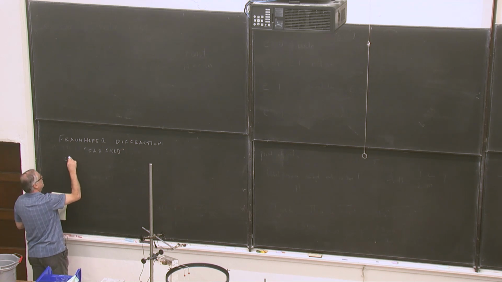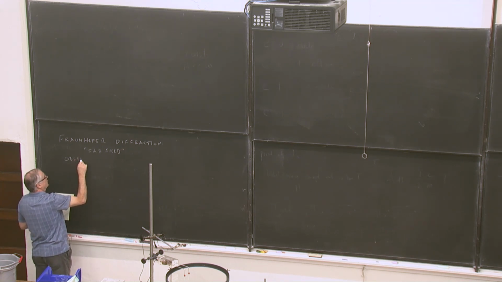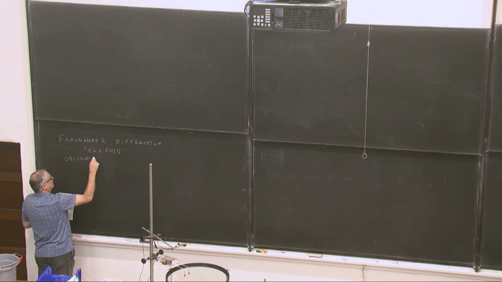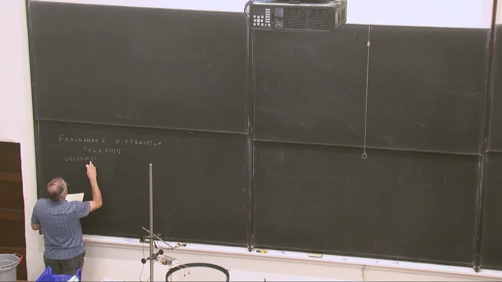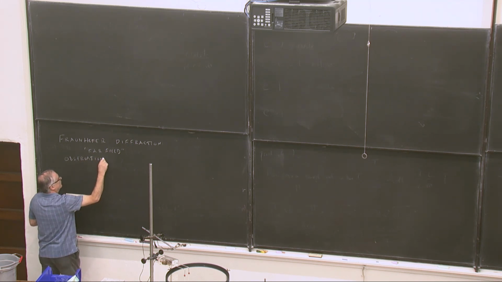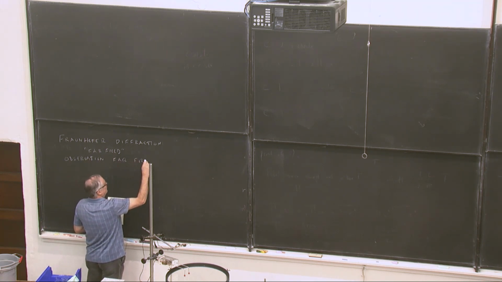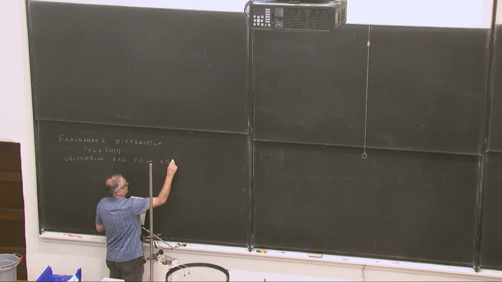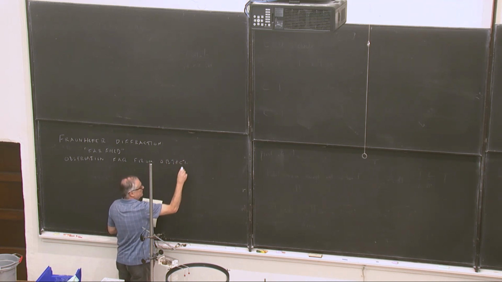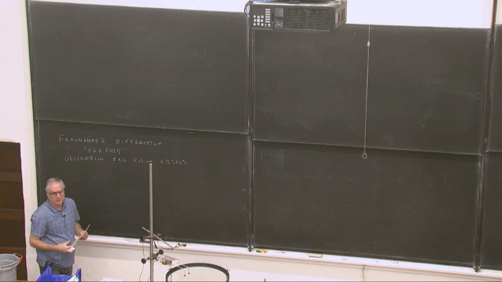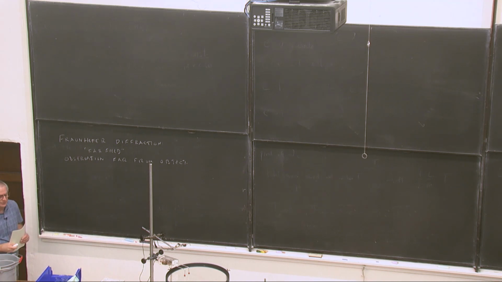Our observation is far from the object that we're diffracting from. So we used that approximation when we did the analysis. We assumed that the distance to the observation point was long compared to the size of the aperture.